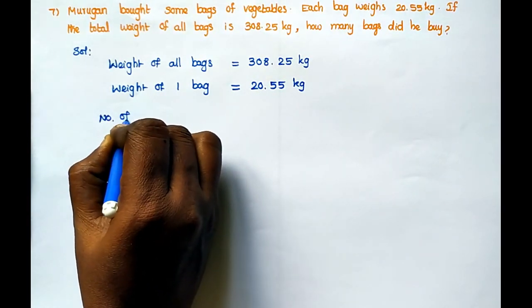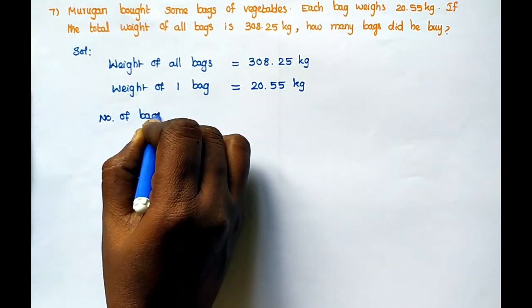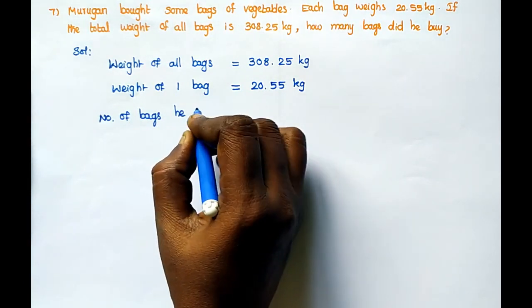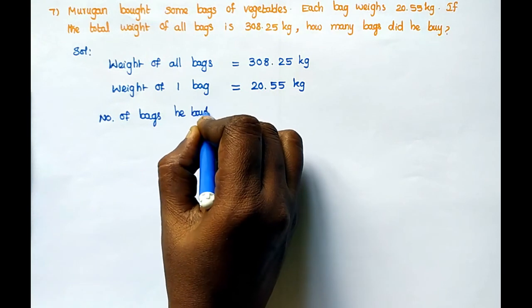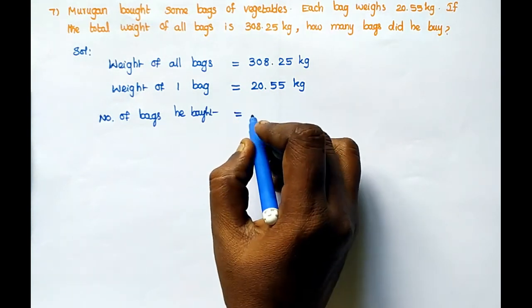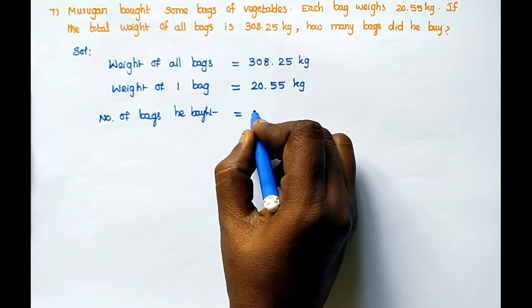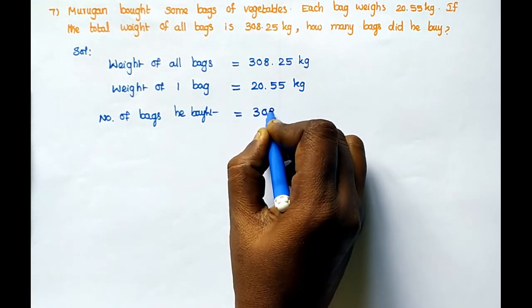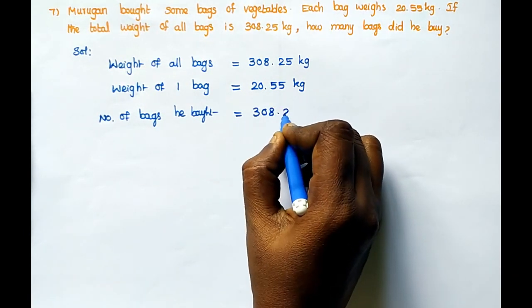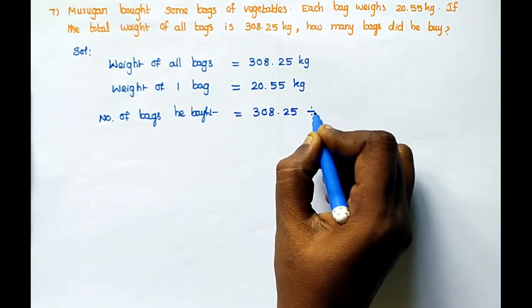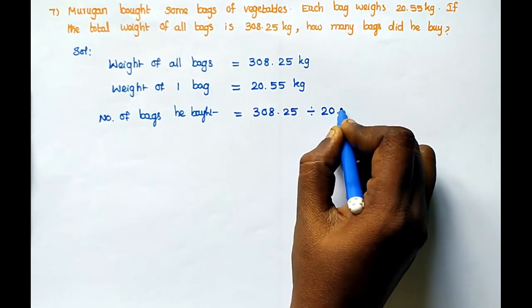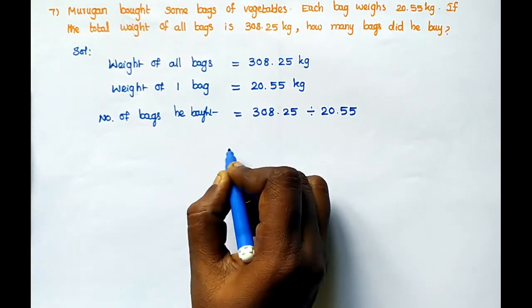Now we have to find the number of bags he bought. We have to divide, and we get the answer: 308.25 divided by 20.55.